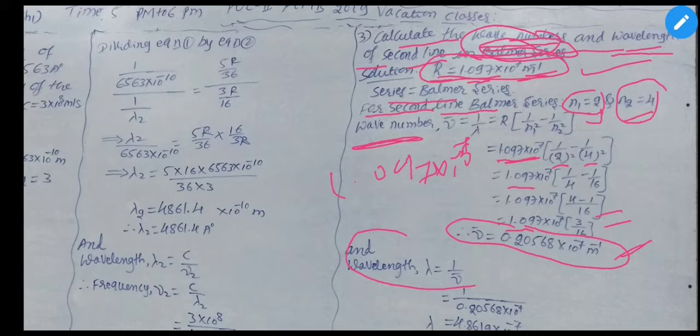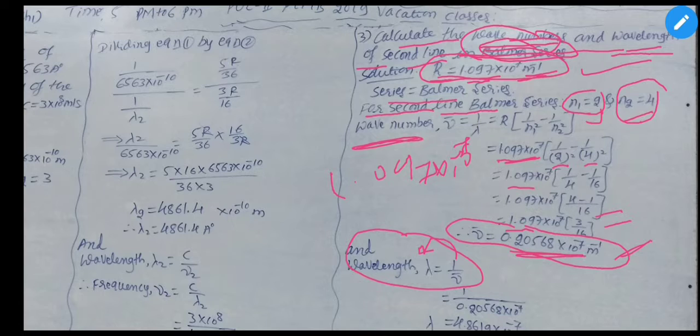N1 is 2 square, N2 is 4 square. On simplification, we get 1 by 4 minus 1 by 16, LCM is 16, so 4 minus 1, that is 3 by 16, into 1.097 into 10 raised to 7.